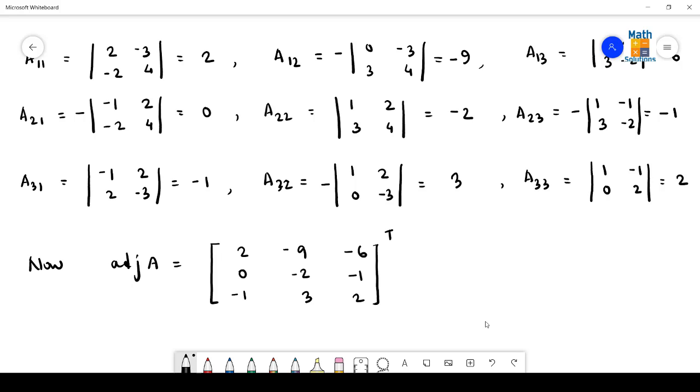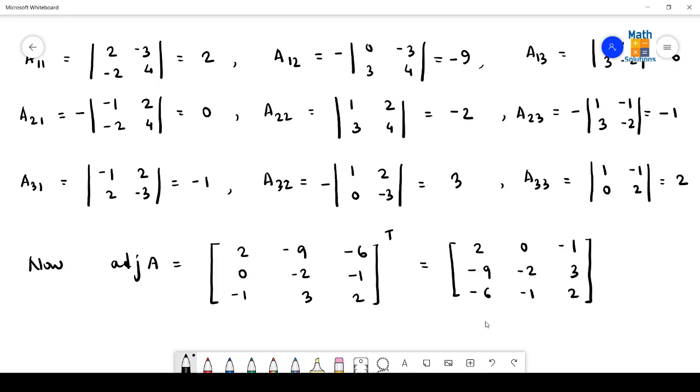Let us find out its transpose. Finding out its transpose, we get 2, 0, minus 1, minus 9, minus 2, 3, then minus 6, minus 1, 2.